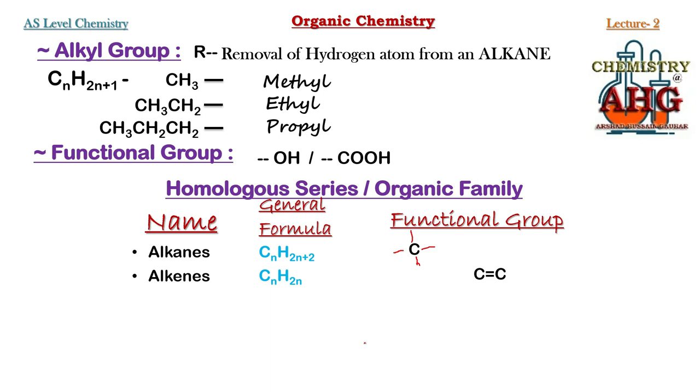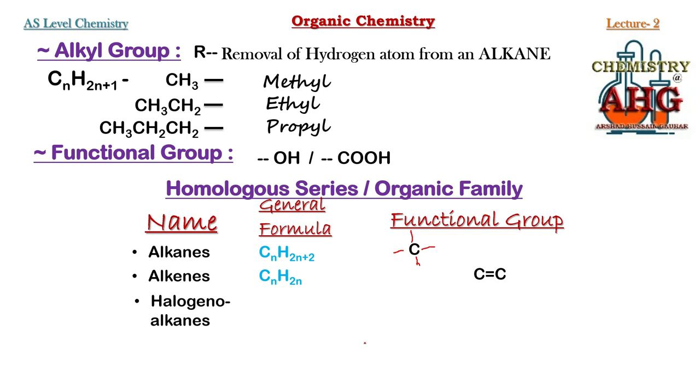After alkanes and alkenes, the next organic family in your AS syllabus is halogenoalkane, haloalkanes. What is the general formula? Now remember, after alkanes and alkenes, the next homologous series in your syllabus are derived with the help of the alkyl group. So if you remember the general formula of the alkyl group, you can easily predict the general formula for halogenoalkane.